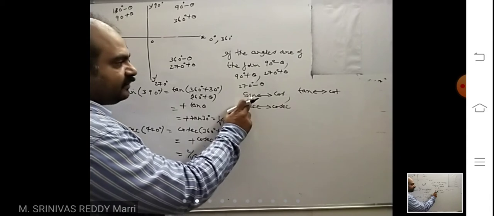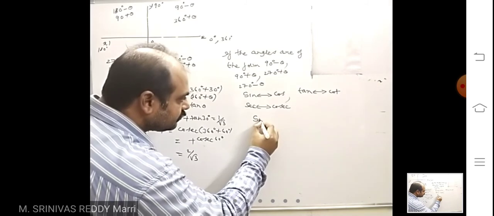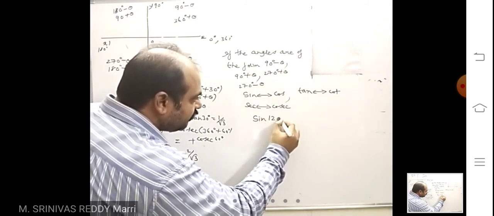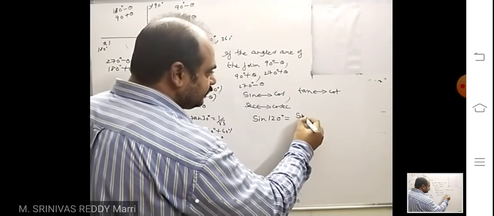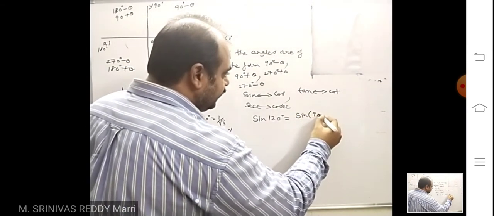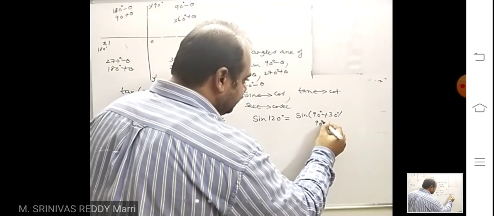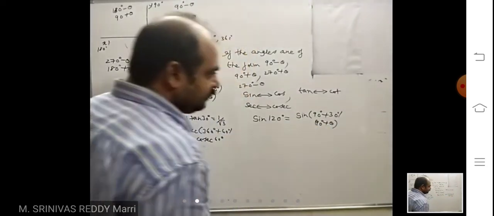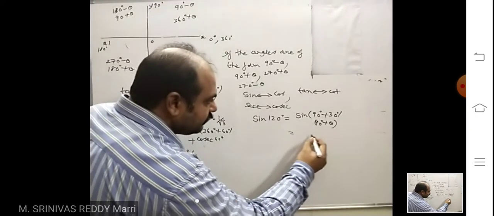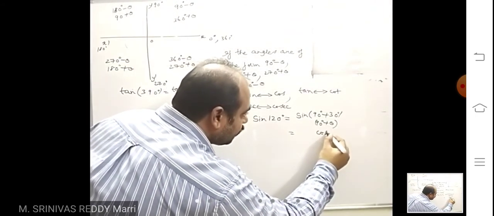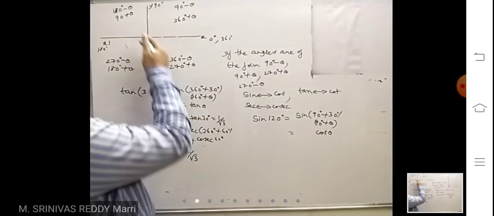So if sine is there, you write cos. Suppose look at the same sine 120. Now I want to write, let us say, sine of 90 degree plus 30 degree. Now 90 degree plus theta, theta is 30 degree. So now write cos theta. Now sine of 90 plus theta is in which quadrant?